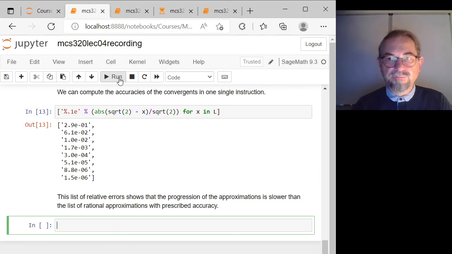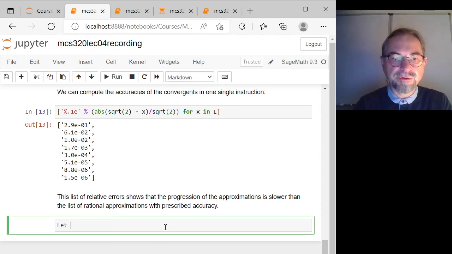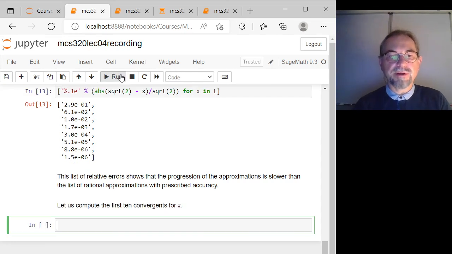Okay, so this 4th lecture is done at quiz time, so that's why I will finish also here rather soon. Let me make the last computation for pi. On the slides, let us compute the convergents for pi, the first 10 convergents.